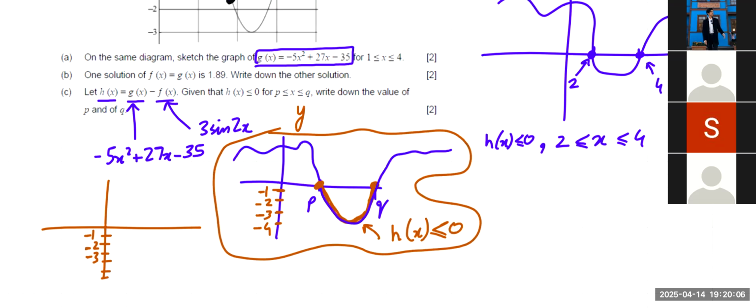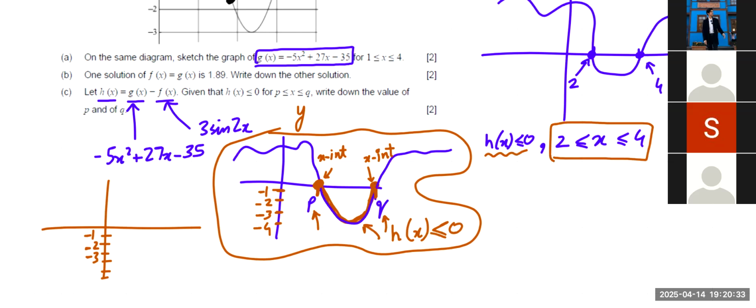So what are the x values for which the function is below the x-axis in the negative section? You will find this value and this value, and obviously, these values are essentially x-intercepts, aren't they? So you're supposed to find the x-intercepts, and using those x-intercepts, you're supposed to say that, for example, if this is 2 and this is 4, for all values between 2 and 4, the function is below the x-axis.